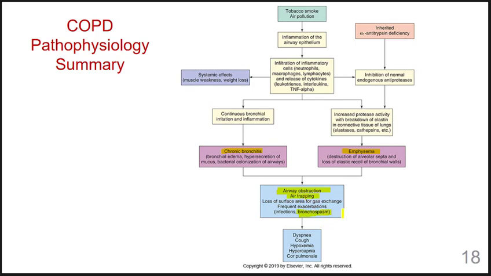Air trapping, we talked about, the hyperinflation of the alveoli. Loss of surface area for gas exchange: well, if the alveolar walls, or what we can say is the gas exchange area within the lungs, are damaged and you're not able to get oxygen through those walls into the blood, and then also not able to get carbon dioxide from the blood into the lungs, then you can see why that's going to be a problem for the body, leading to a reduction in oxygen availability, but also an increase in the amount of carbon dioxide kept in the blood.